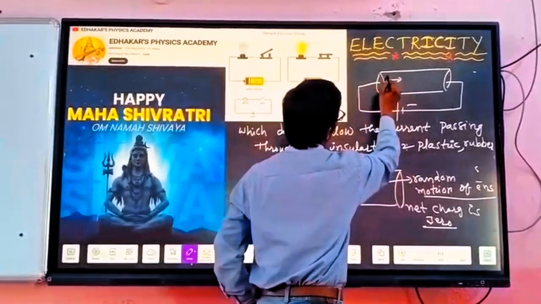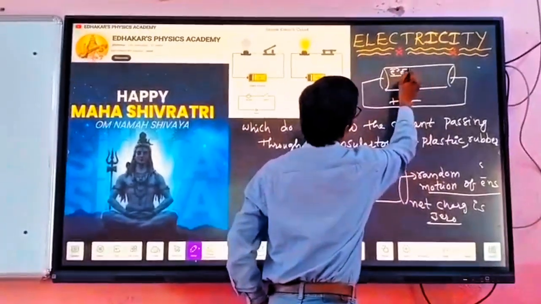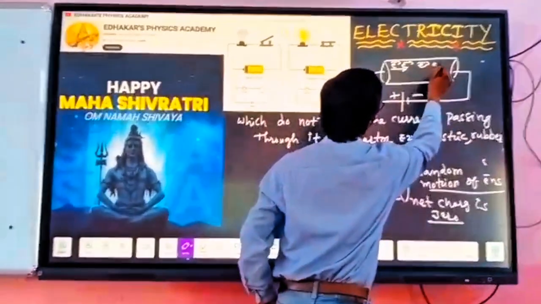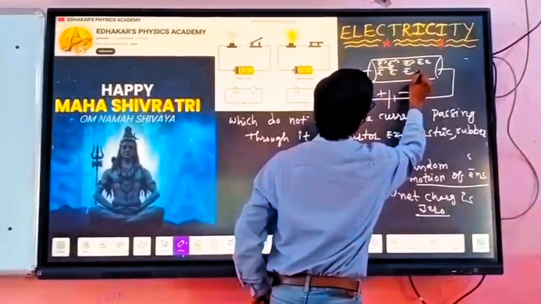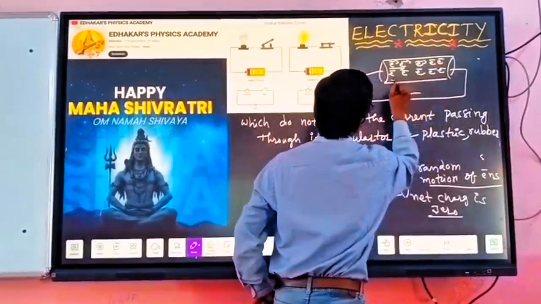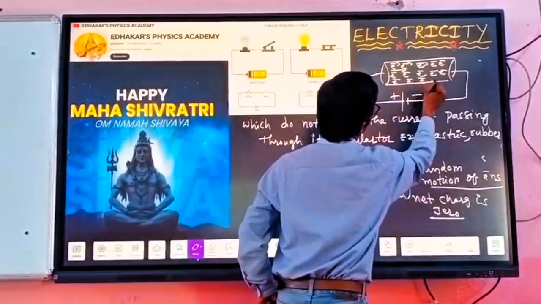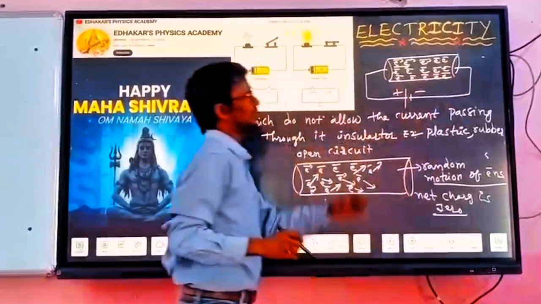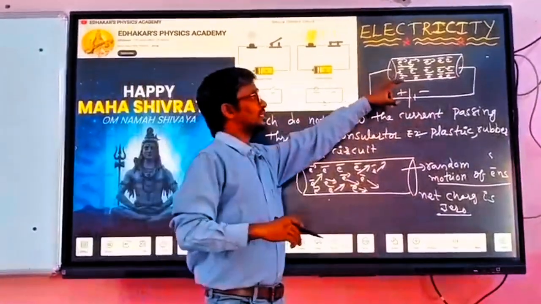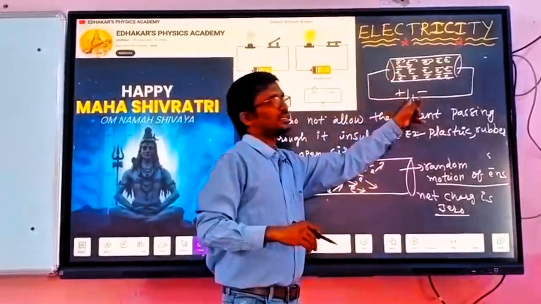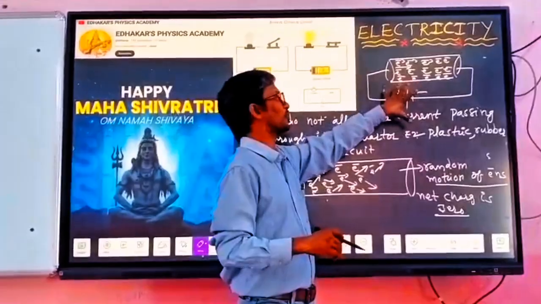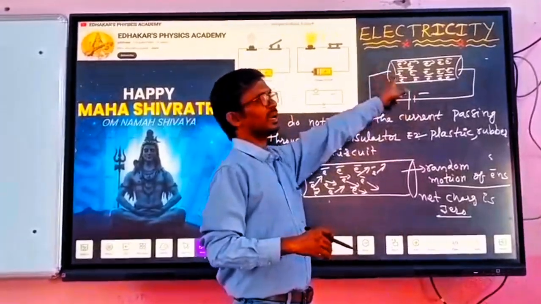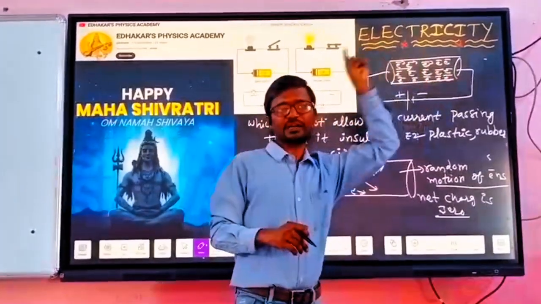Due to the electric field force, electrons are moving systematically, in an orderly way. When the same conductor is connected to the cell, some potential develops, and due to this potential an electric field force develops in the conductor.